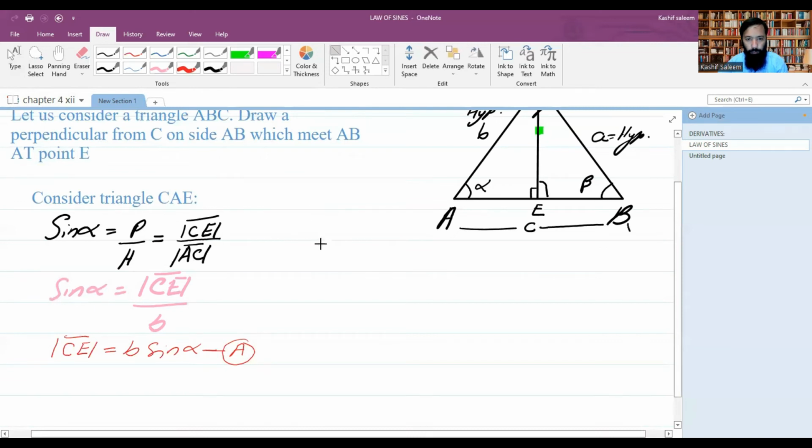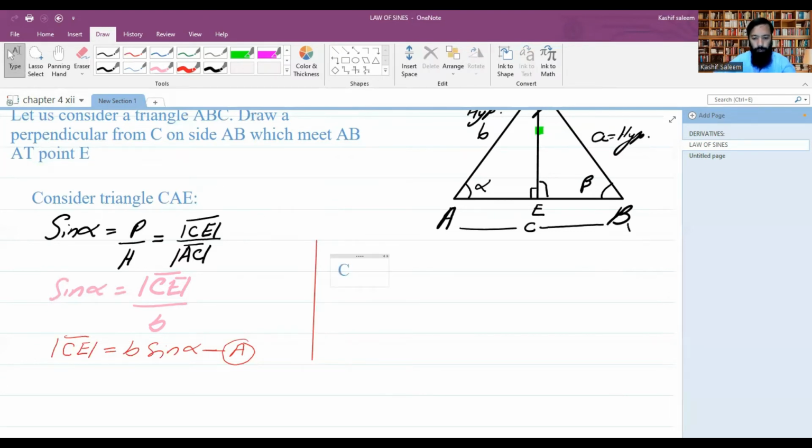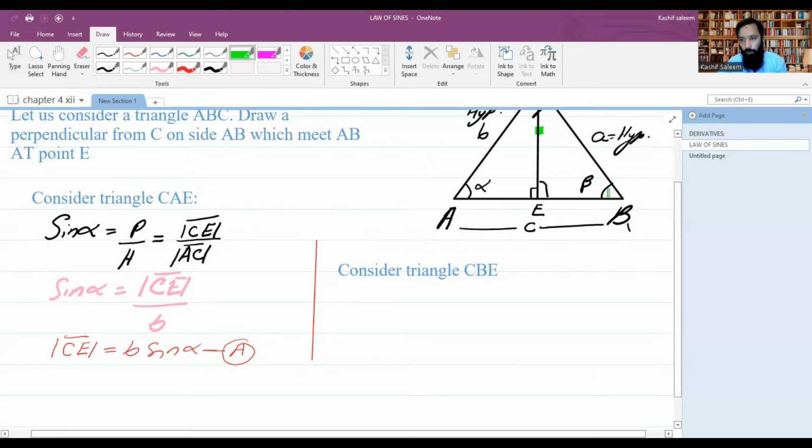Now consider triangle CBE. So here is sine beta, this is the angle, and opposite to beta is CE.